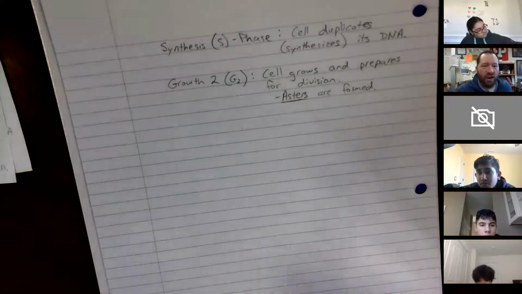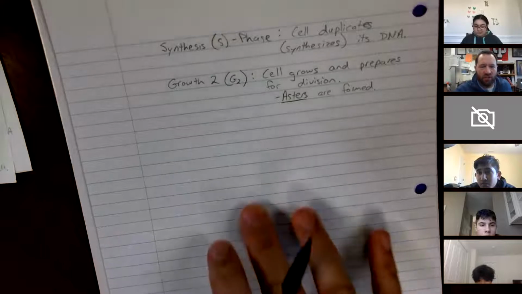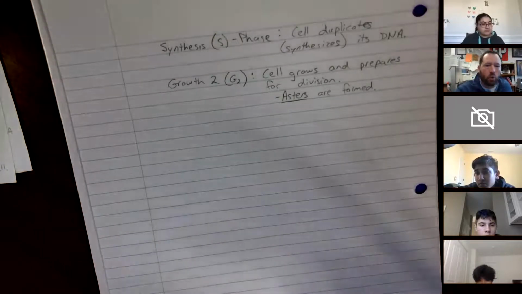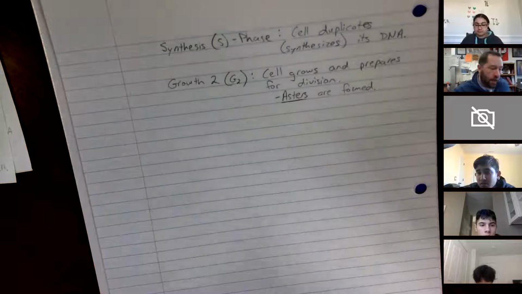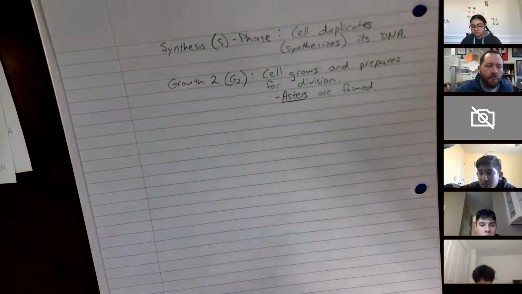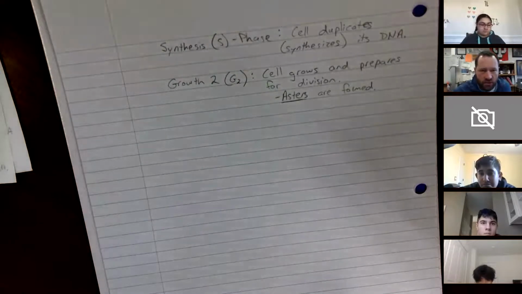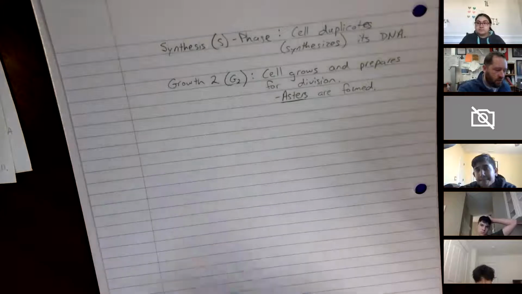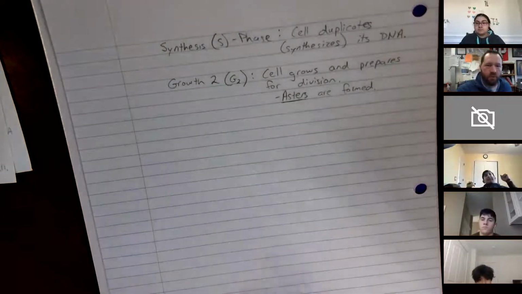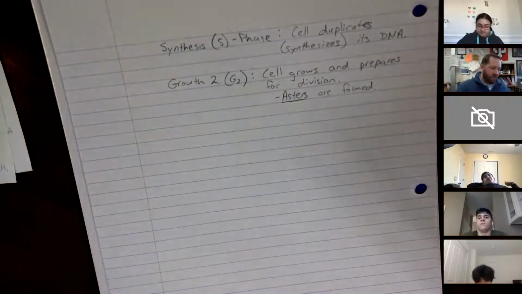Most eukaryotic cells, and again, our cells are much more complex, we've got a lot more organelles, a lot more DNA, it depends on the type of cell, but generally between 24 and 48 hours. So a cell can divide every day or two is how long most cells take to go through the complete cell cycle.